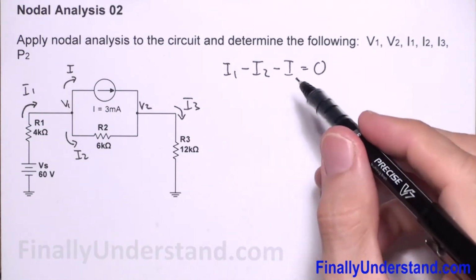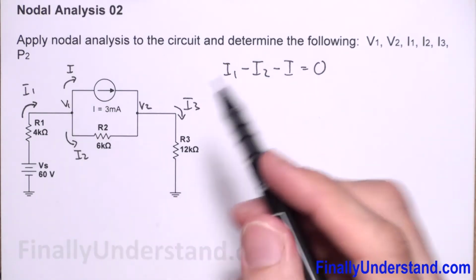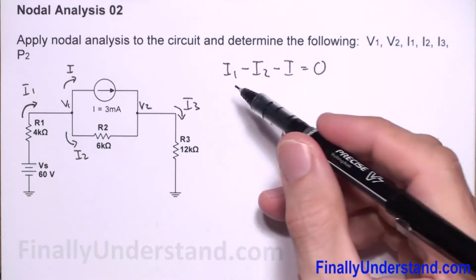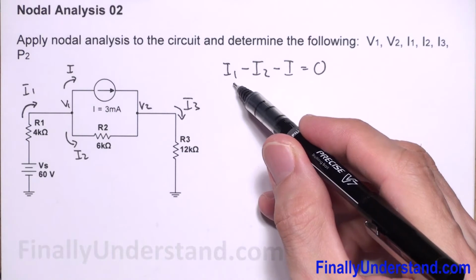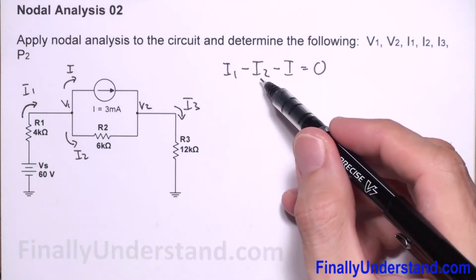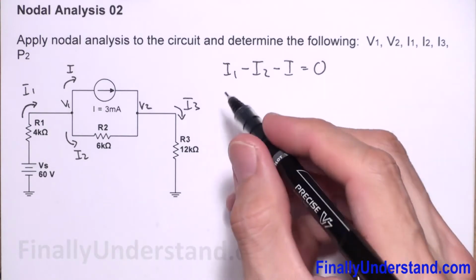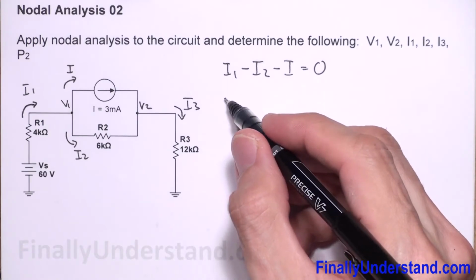This is the equation for this node. Now someone is going to ask, but we do not have I1 and we do not have I2, so we have to find them.